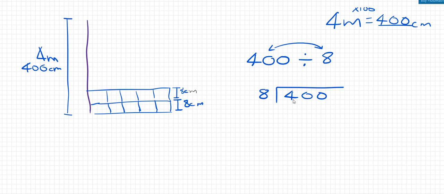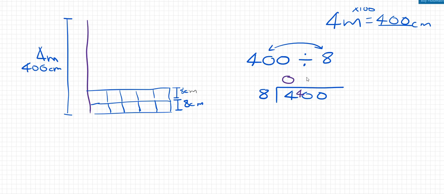So 8. Can 8 fit into 4? No. Or the other way of doing it, 4 divided by 8. That doesn't work, so we get 0. We haven't used that 4, and it goes on to our next number, and we have 4 and 0 together make 40. So 8 into 40, or 40 divided by 8. So 8 into 40 can go how many times?